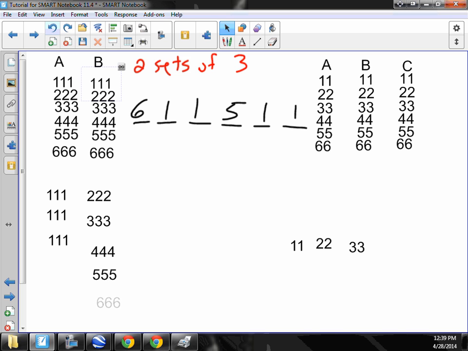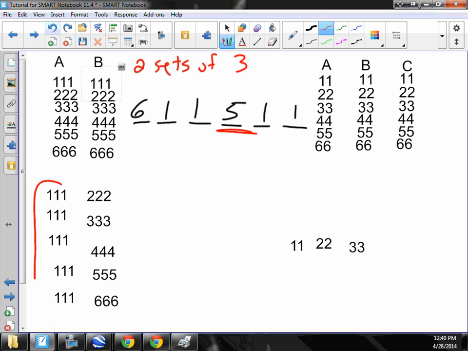So here are some possibilities. So 1, 1, 1, these are all 1s. Okay, so there are 5 possibilities for that, right? 1 with all the other numbers, and then you could have 2 with all the other numbers, and 3 and 4 and 5 and 6. So this 5 here is represented in that group.